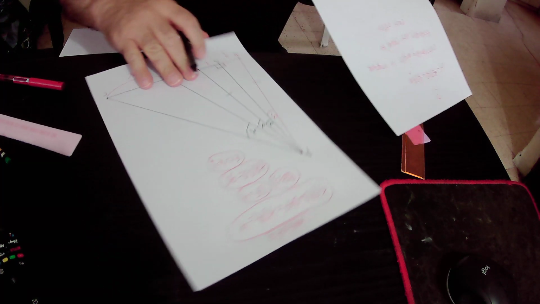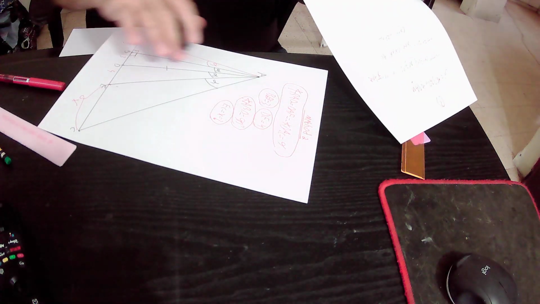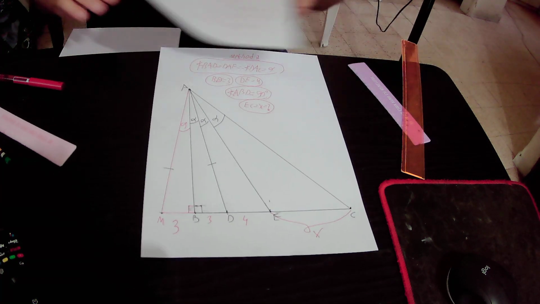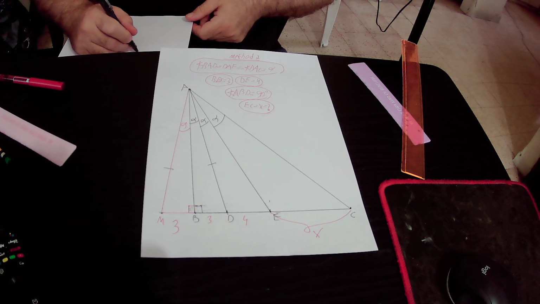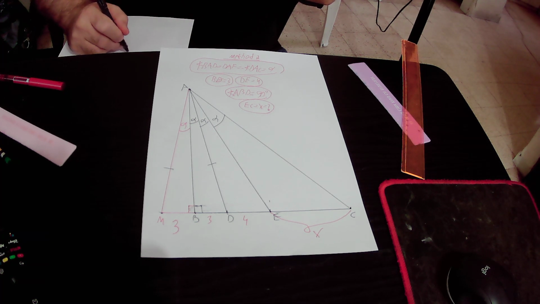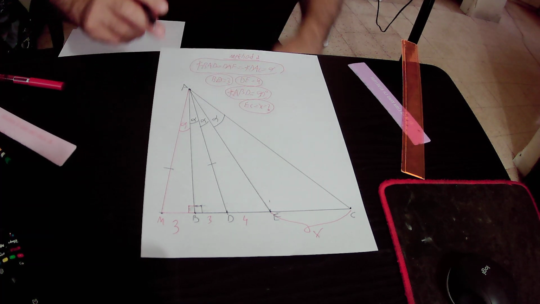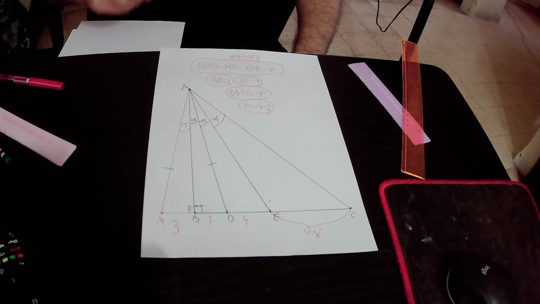I'll write it down. AM equals AD. So AM equals AD according to the rule that corresponding sides in congruent triangles are equal to each other.